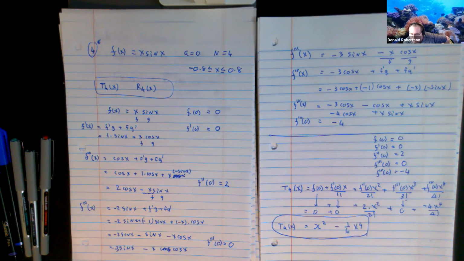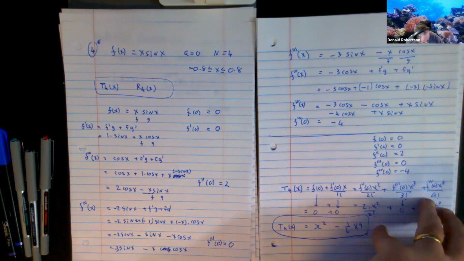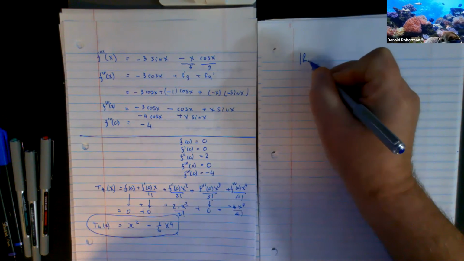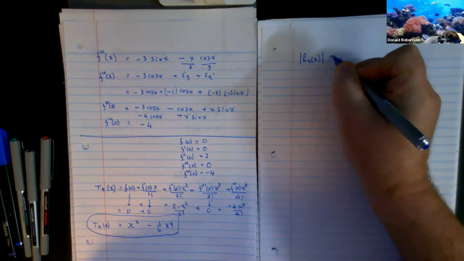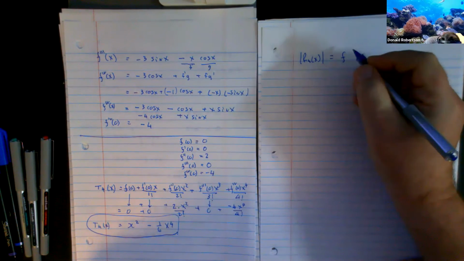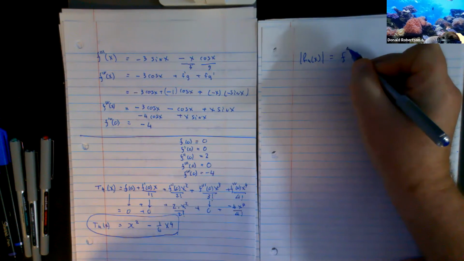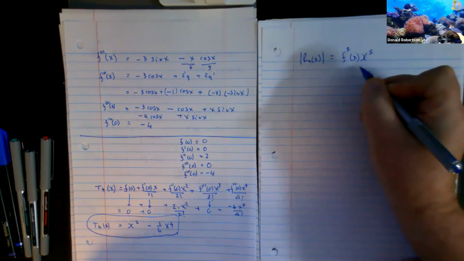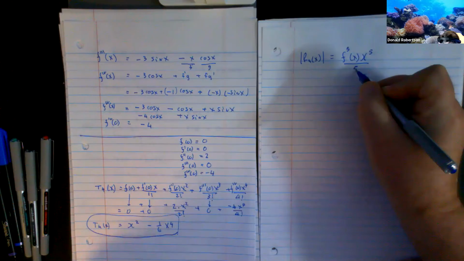Are we cool with the process? It's quite mundane after a while, but we got the guy they're looking for. Now, the second part of that question, of course, is going to be the maximum value of this fella. So I need to know the fifth derivative, x to the 5 over 5 factorial.